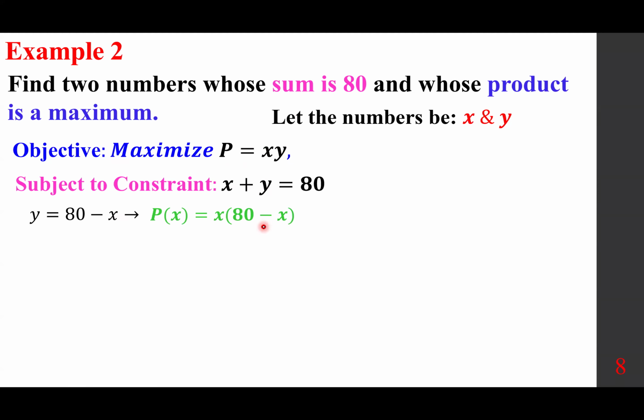Now, what are the restrictions on x? In other words, what is the domain? I'm going to go back to the question. So the sum is 80 and we want to maximize the product. That means we are hoping the product is not negative, is not even zero. So we are hoping the product is positive. So if I want the product to be positive, I want x to be positive, and I want 80 minus x to be positive.